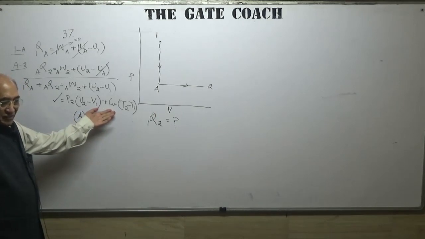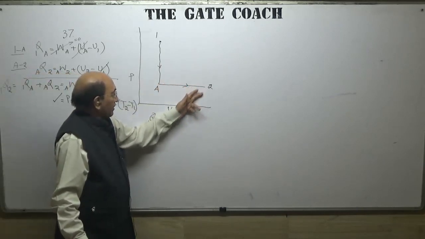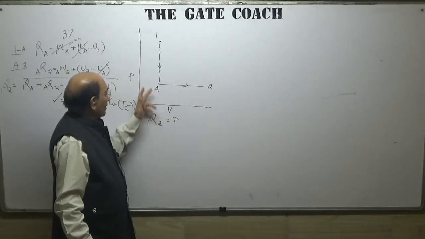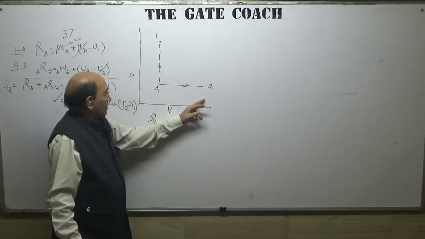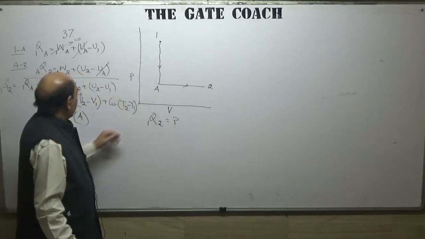Change in internal energy is always Cv into change in temperature. Work done in a constant pressure process is the area under the diagram, that is pressure P2 and volume V2 minus VA, and VA is the same as V1.